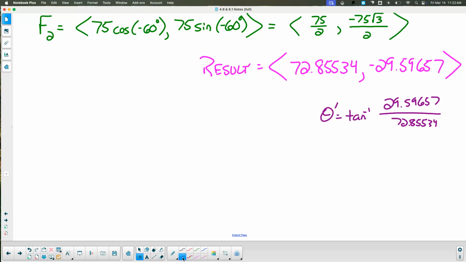I get a reference angle here of 22.10883 degrees.